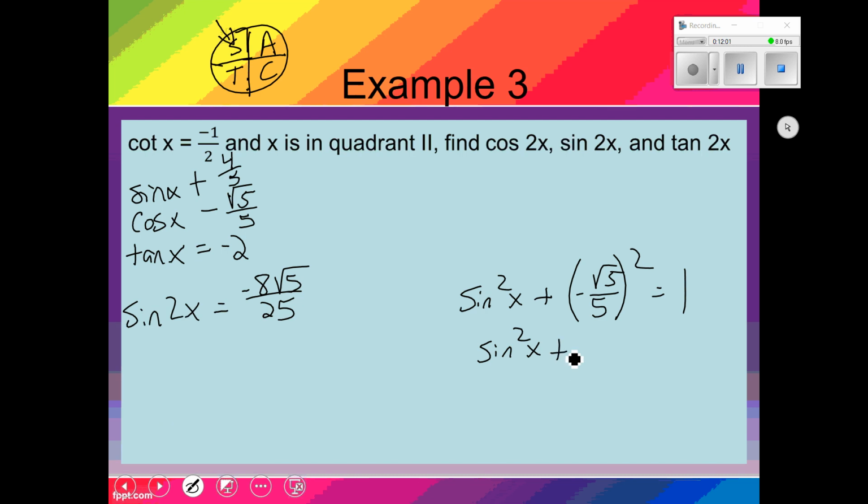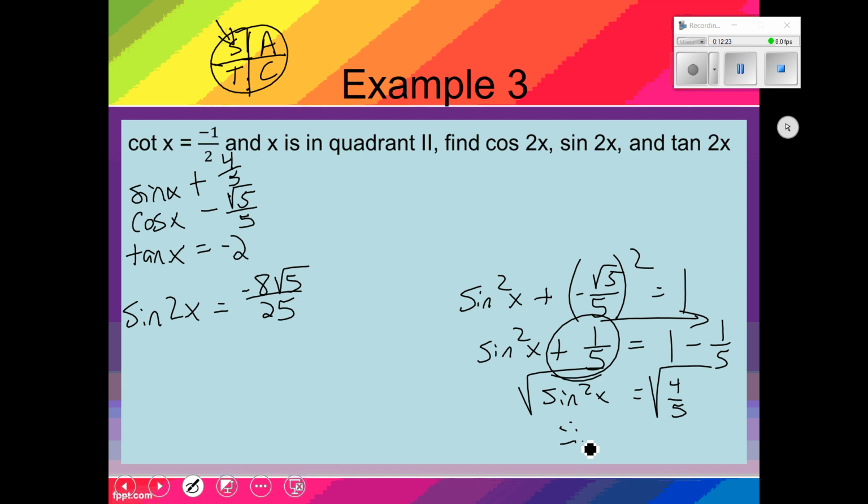Plus, that's going to be 1/5. I'm going to go ahead and simplify it this time. Oh yep, I did, I knew I did that. So this is going to make 4/5. And sine squared x, I didn't take the square root of it.